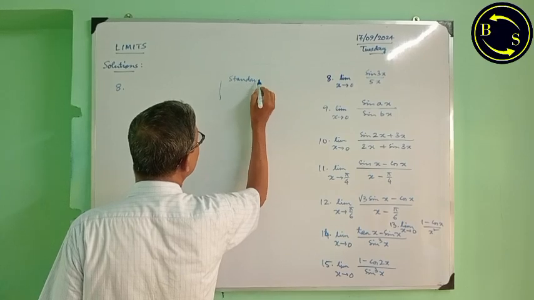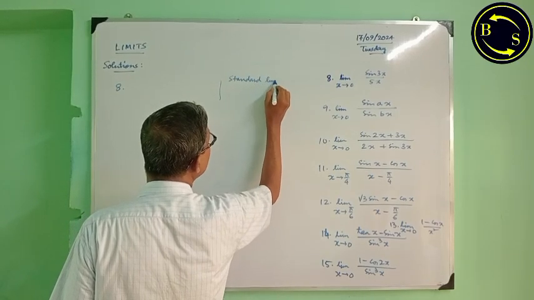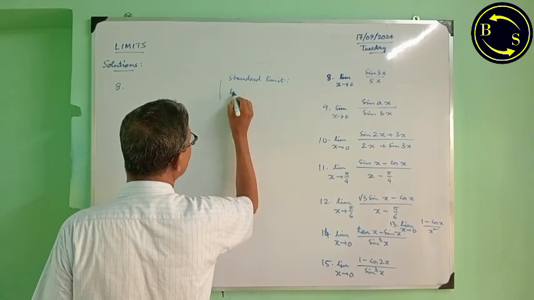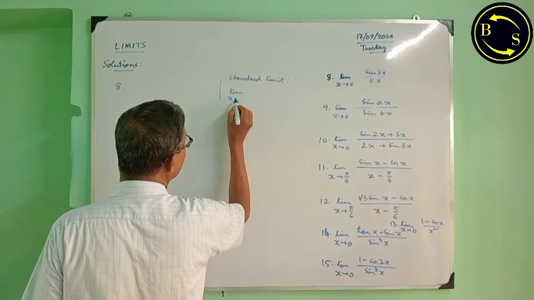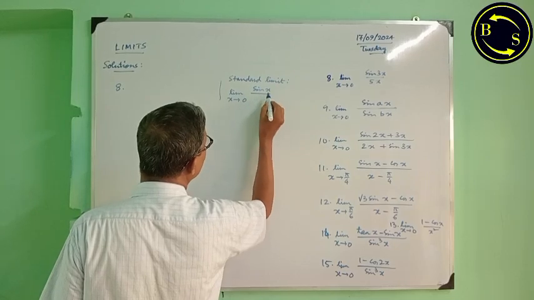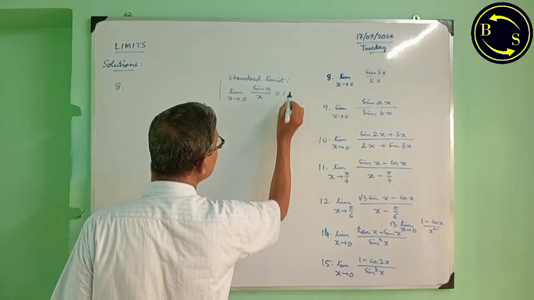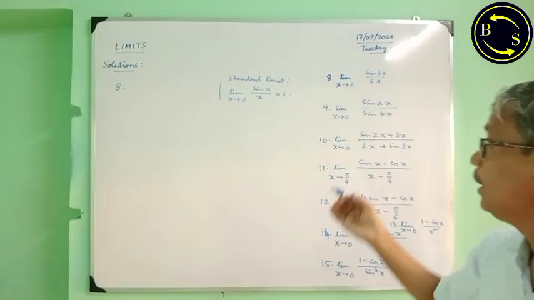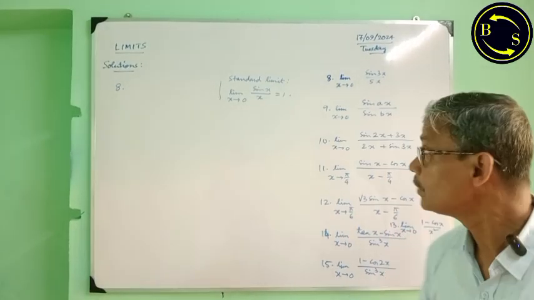Standard limit x tends to 0, sin x by x equal to 1, and don't forget that here x is measured in radian.